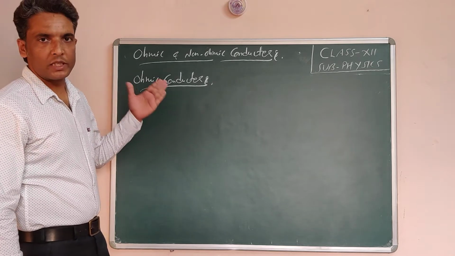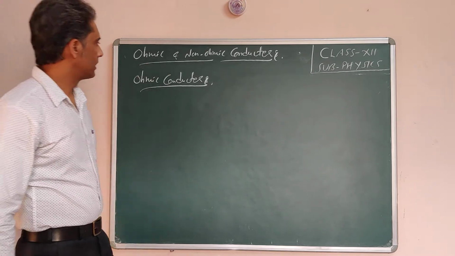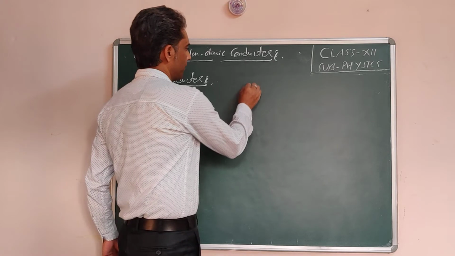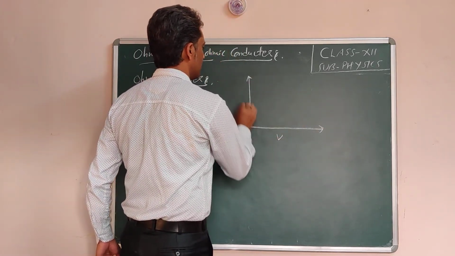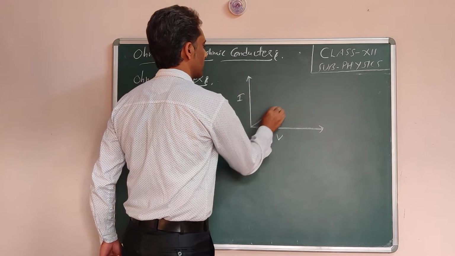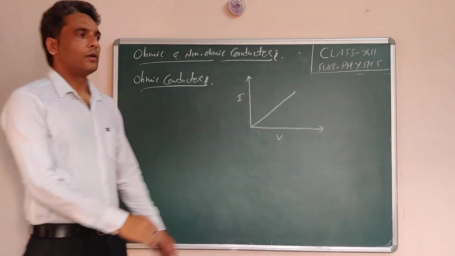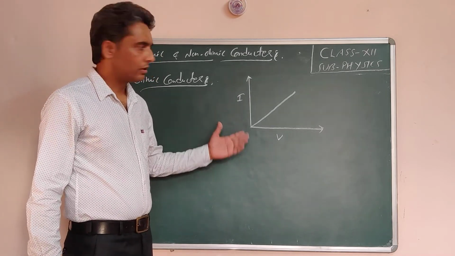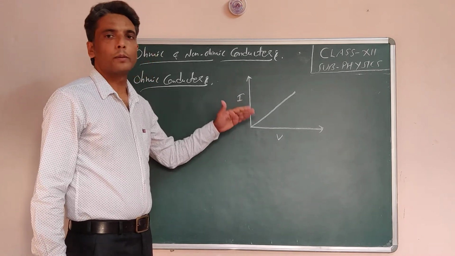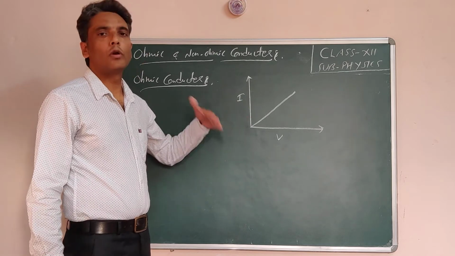So almost all metals are ohmic conductors, and the graph between V and I for ohmic conductors is a straight line passing through the origin. But when the current becomes large, the behavior of the conductor may change from ohmic to non-ohmic.